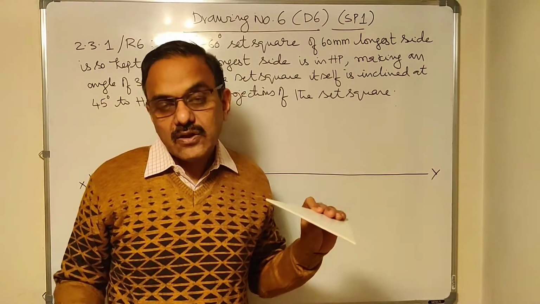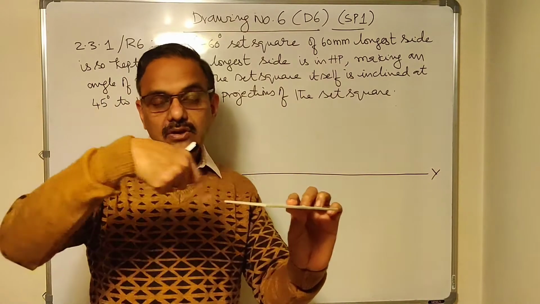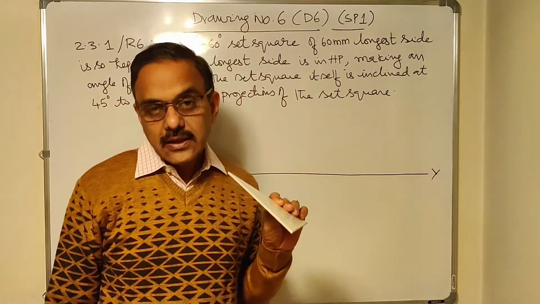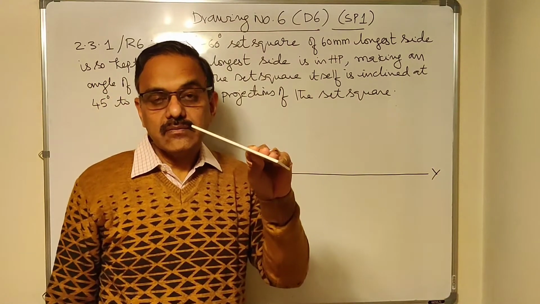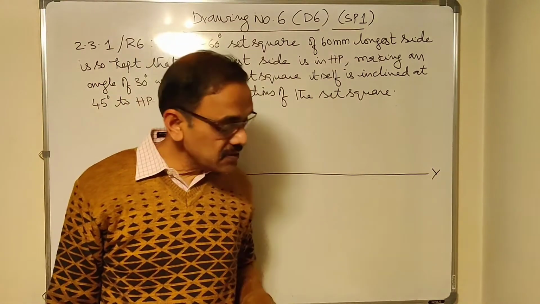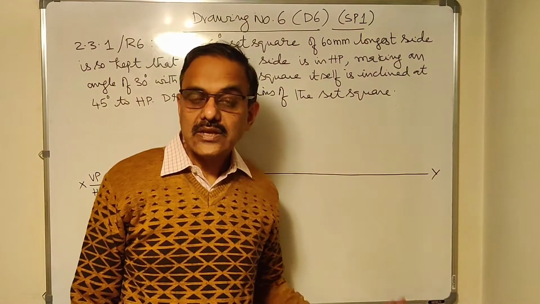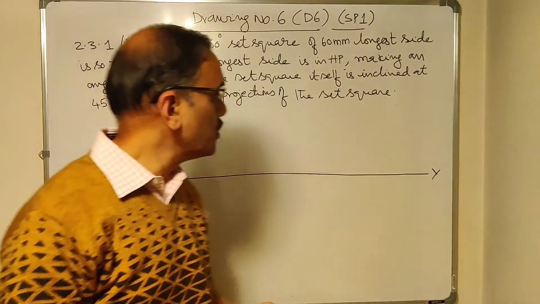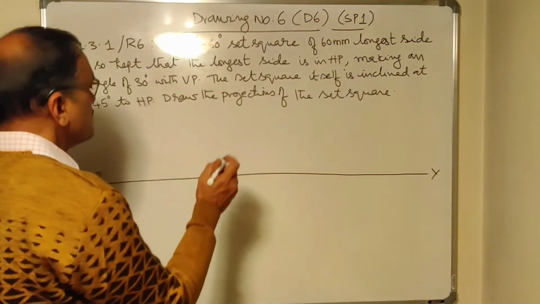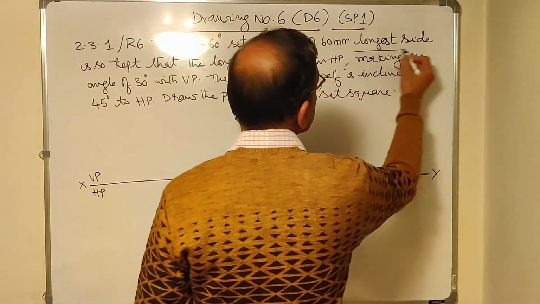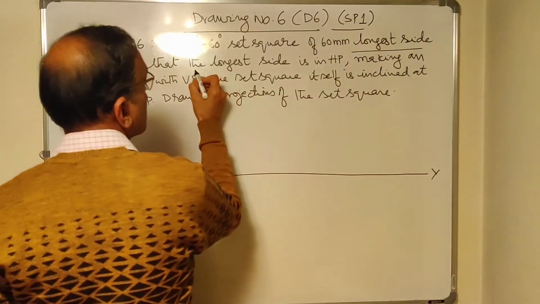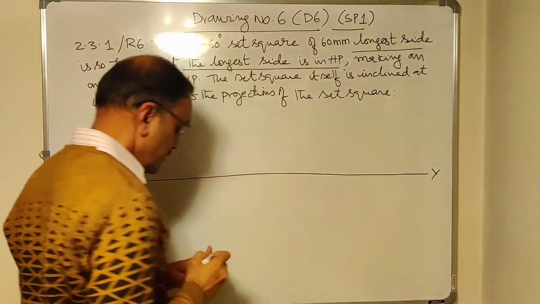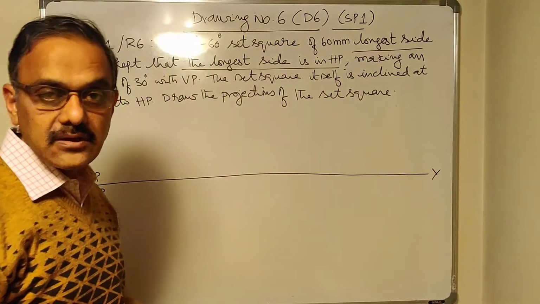I repeat once again. Of the 3 edges of the triangle, one edge should be on HP, and then the surface should be inclined to HP. If you find these 2 conditions in the problem, then you can say the problem belongs to simple position 1. Where are they? Let me show you. One is that the longest side is on HP. The longest side is one of the sides, and it is on HP.